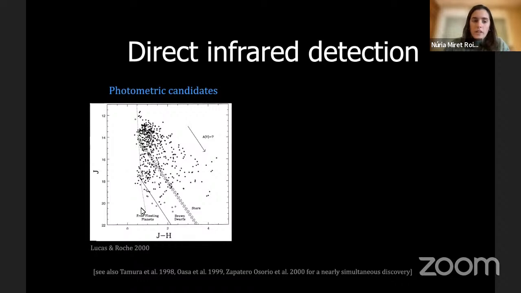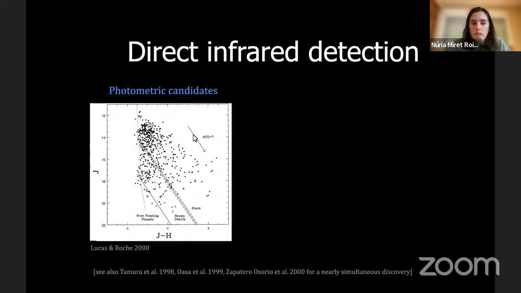This is all in the infrared, as I was saying. And in this diagram, thanks to evolutionary models, we can identify that stars, brown dwarfs, and free-floating planets occupy different regions. So here, the brightest objects are stars. Then we have the brown dwarf regime and eventually free-floating planets.